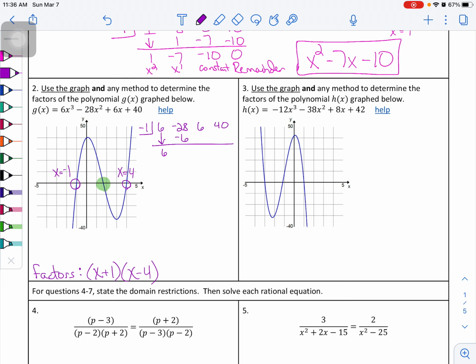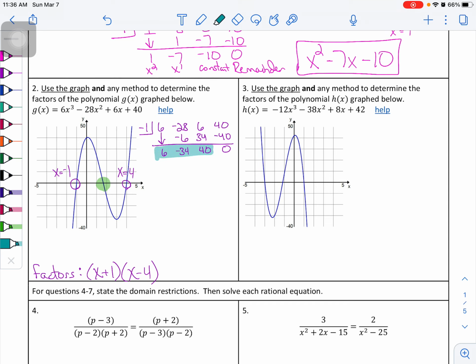All right, drop that one, multiply, add. Let me make sure I did this right. 6, -28. Yep, okay. So that's going to be -34. -1 times -34 is +34. Add those together. That's going to be 40. -1 times 40 is -40, remainder of 0.